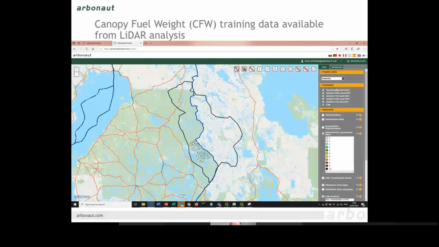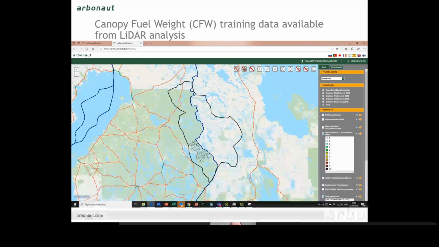These are done from LiDAR, which is laser scanning data of the target, and it has a special capability of mapping the 3D structure of the fuels, and it also has a very high accuracy on measuring some of these fuel parameters. So here you can see the little black dots on the Lieksa area. They present our training data for the satellite.